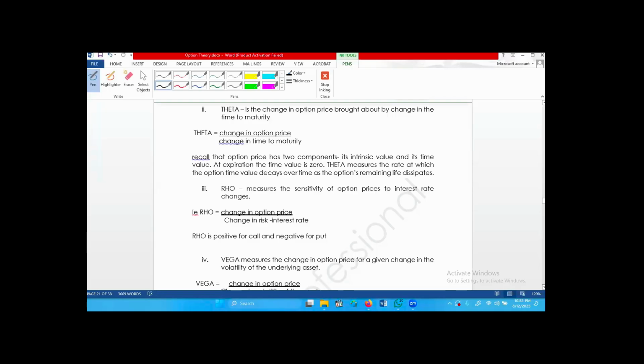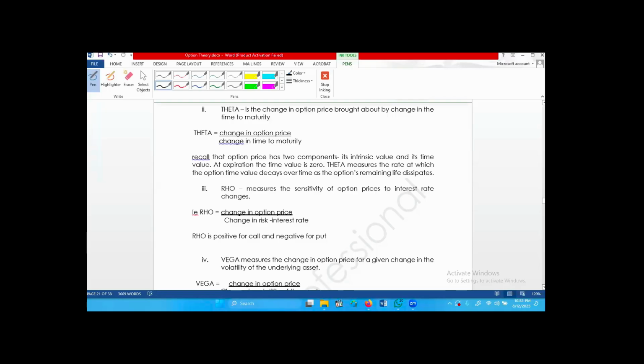Then the last one is Vega. Vega measures the change in option price for a given change in the volatility of the underlying asset.